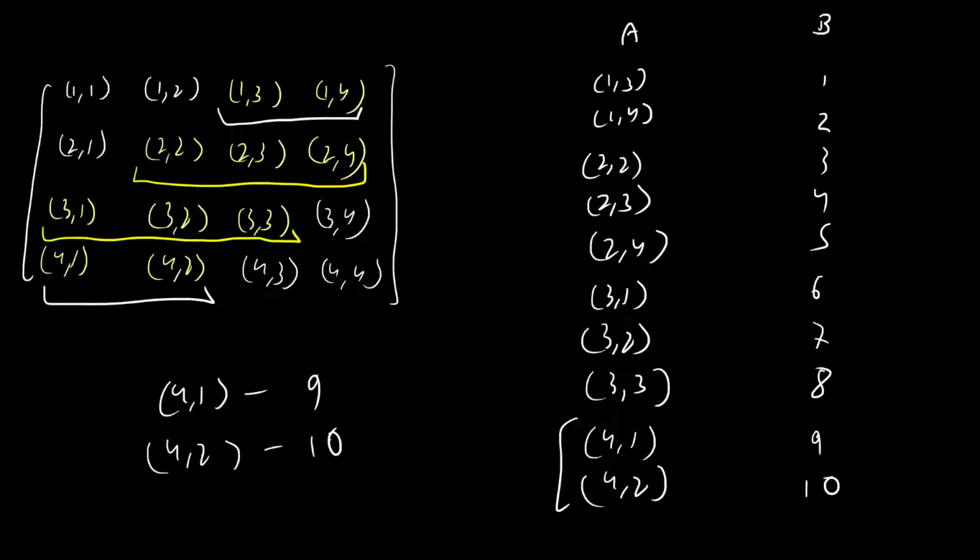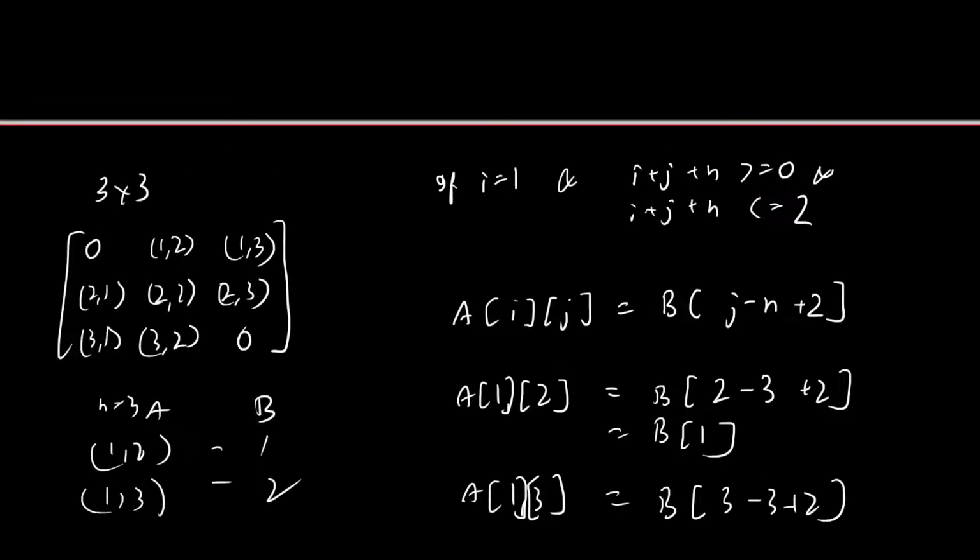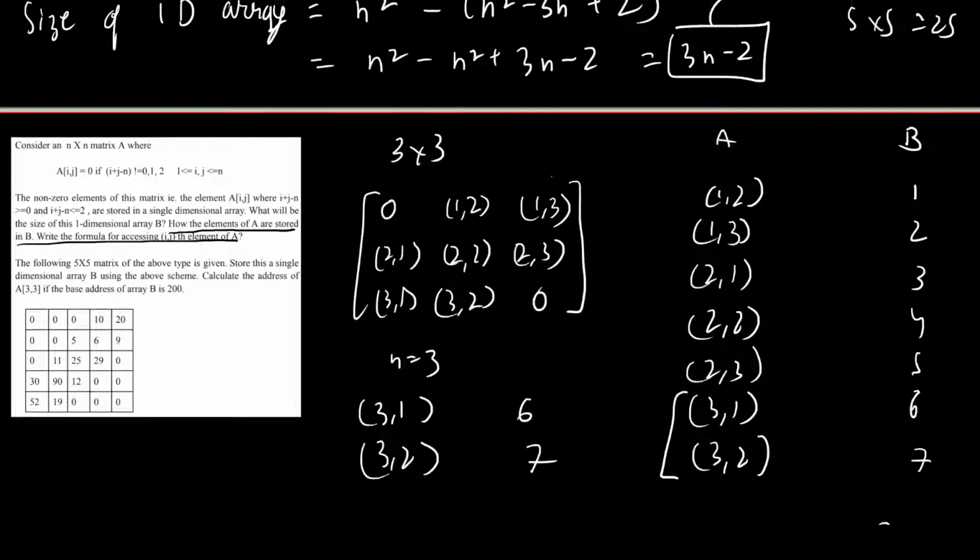Now in extreme case, you are noticing j is always 1 and 2, right? So for 4, only 4,1 and 4,2. So j here equals 1, j here equals 2. For 3 cross 3 matrix, j equals 1, j equals 2. For 5 cross 5 matrix, again here, let's use yellow, j equals 1 over here, and here also j equals 2.